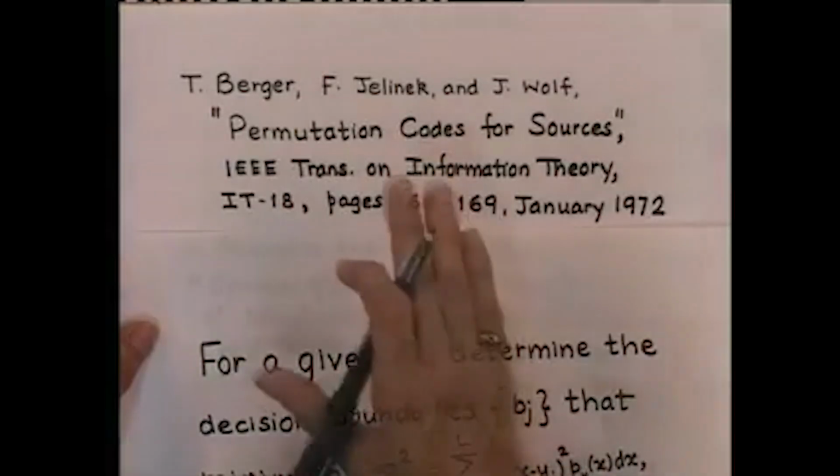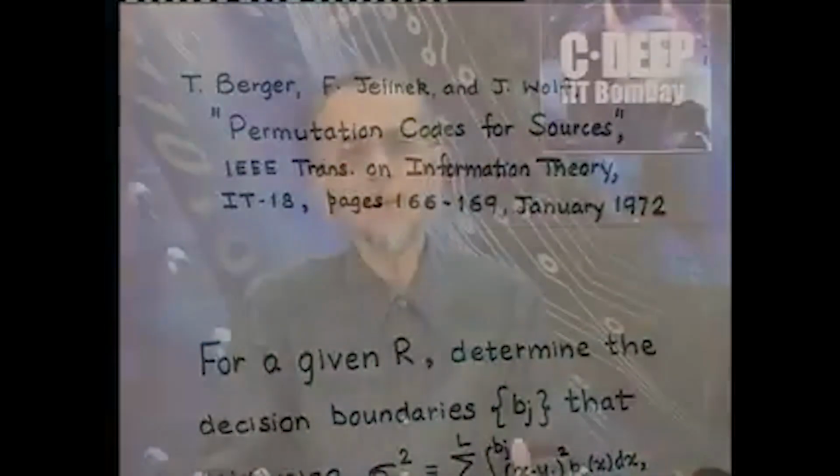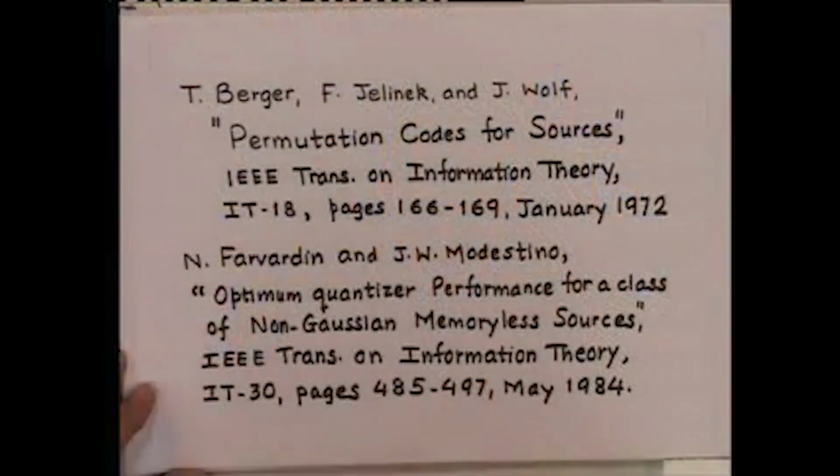Now, fortunately, at higher rates we can show that the optimal quantizer is a uniform quantizer, and it is also important to state that these results which are valid for the high rate case are also valid for lower rates. For details, one can refer to the following paper by Farvardin and Modestino, which appeared in IEEE Transactions on Information Theory in the year 1984.